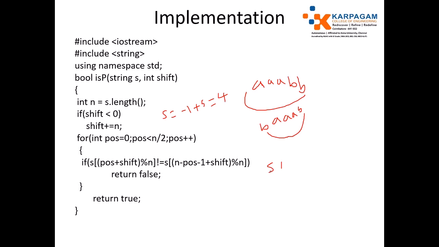S of 1, after making the shift, not equal to, just checking, not equal to S of n is 5, 5 minus position 0 minus 1, plus shift is 1.